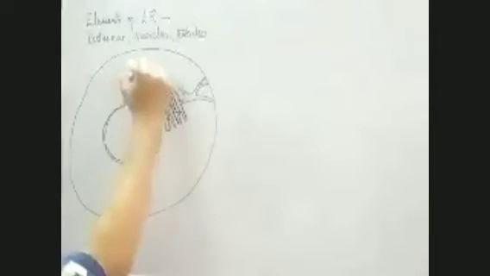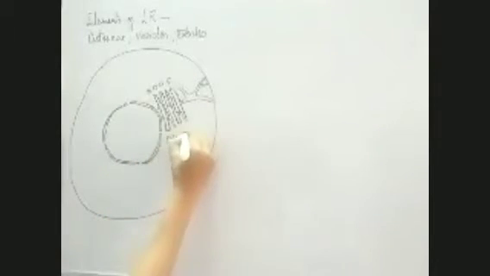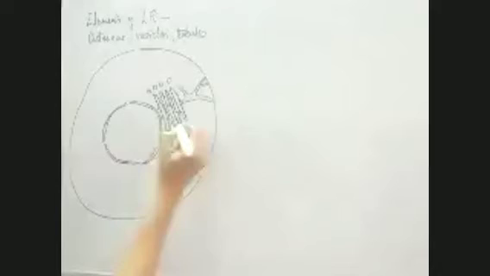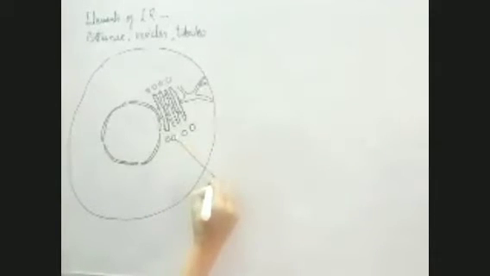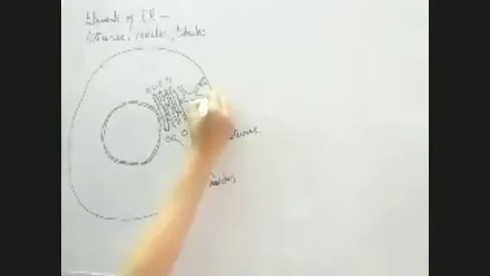These are tubules. Then we have the vesicles. Vesicles are present mostly near the cisternae, like this. Okay, and this is how it appears. So these are vesicles, these are cisternae, and these are tubules.